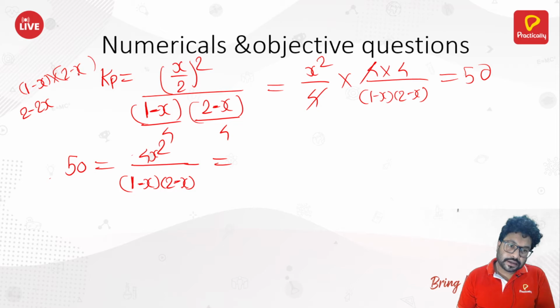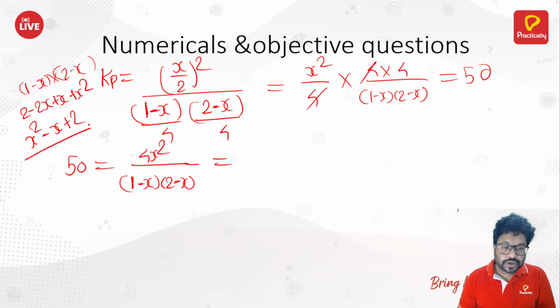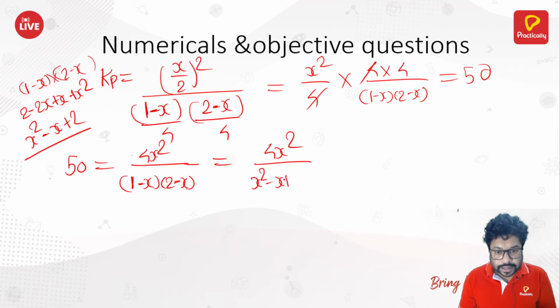Now x ones are x, so minus x minus 2x, and minus times minus becomes plus x square. So x square minus 2x minus x, it becomes x square minus 3x plus 2. So your 4x square divided by x square minus x plus 2 is equal to 50, right?